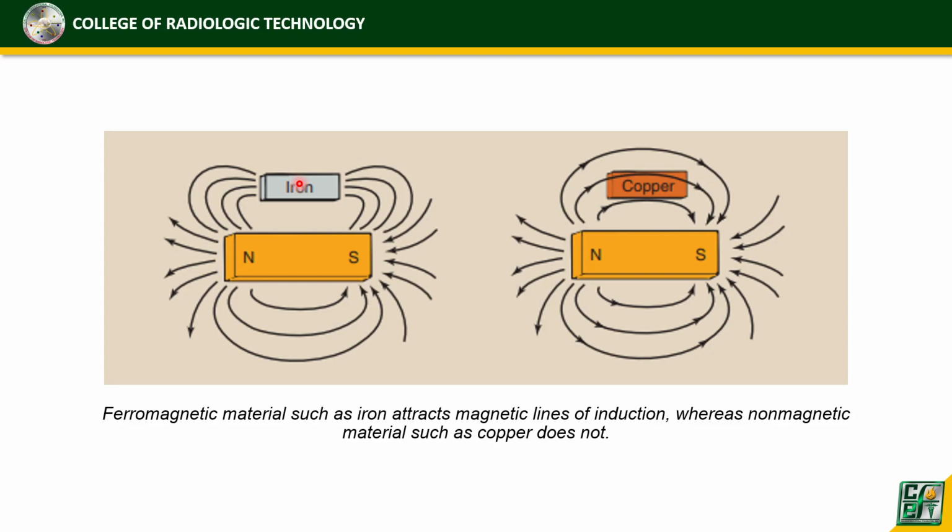Pero para mas mapadali yung magnetic induction, dinidikit talaga nila sa magnet yung screwdriver. And therefore, namamagnetize ng screwdriver yung mga screws para mapadali yung pag-drive nila ng screw. So, yun yung magnetic induction. Okay?